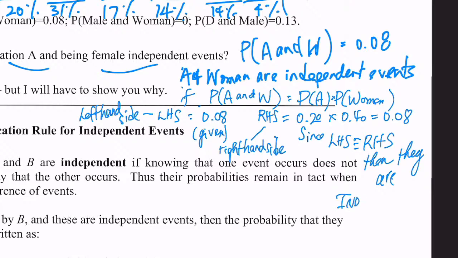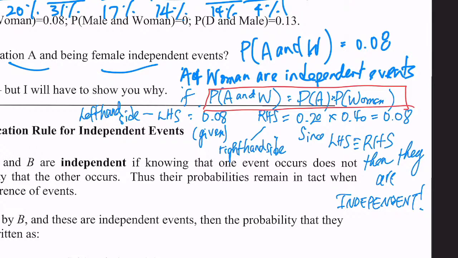All right, this is the approach to showing independence. You make it as though they are independent mathematically, and you check. So it turns out these are independent.